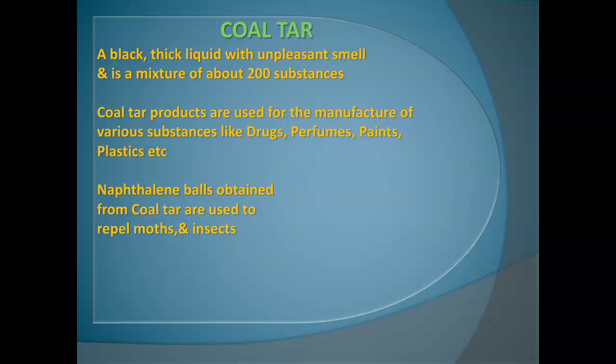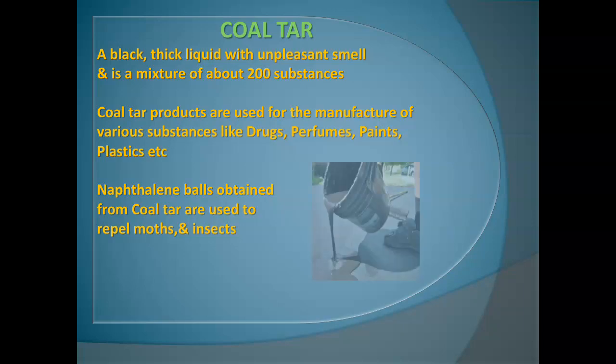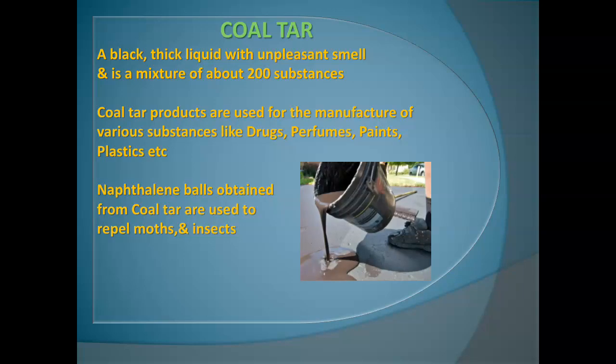Now let's move on to coal tar. You might have seen the tar used while constructing roads. It is a black, thick liquid with an unpleasant smell and is a mixture of about 200 substances.